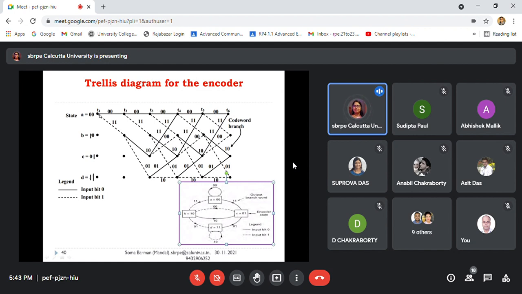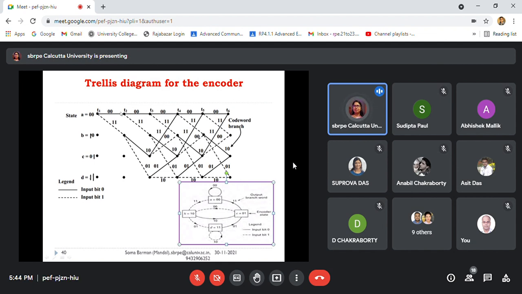Now, if a 1 is coming, it will go to the state B. So as time passes, at the T2 instant, it goes to state B. Clear? So from node A, 2 paths are diverged.